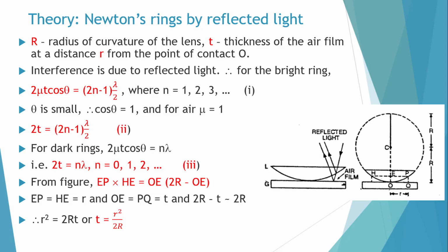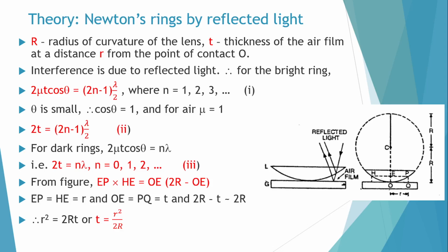we find, and again by using the analogy that 2R minus T, where 2R is in meters and T is a fraction of a millimeter, so 2R minus T can merely be substituted as 2R.